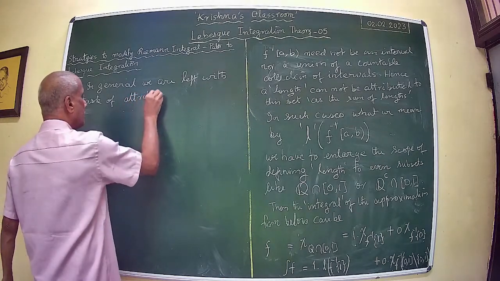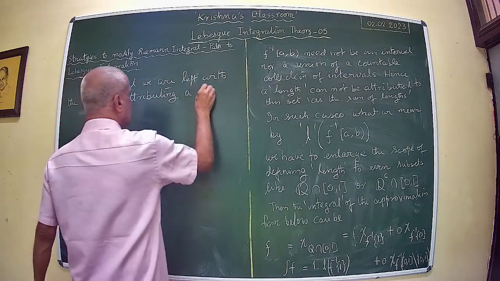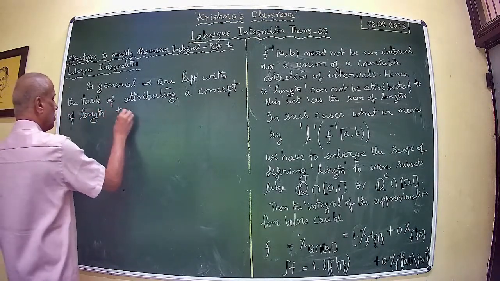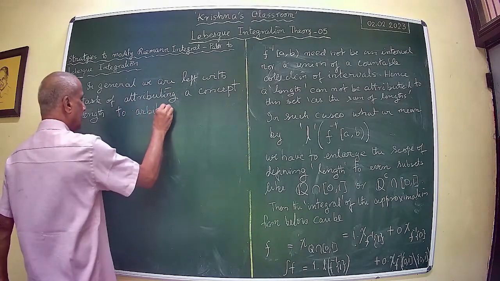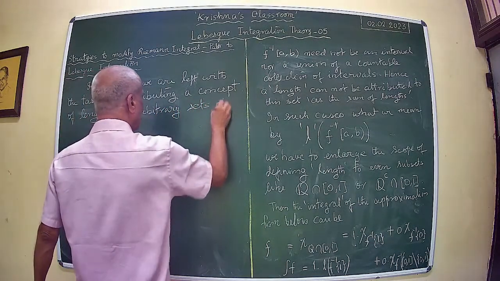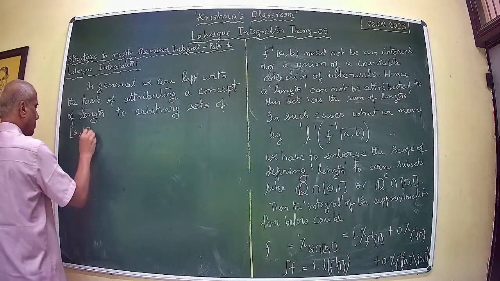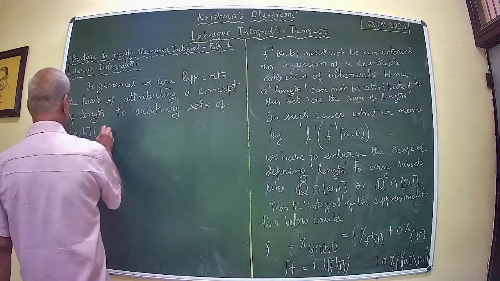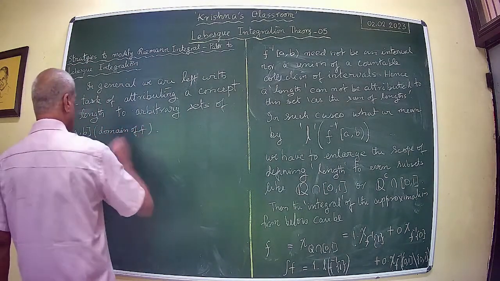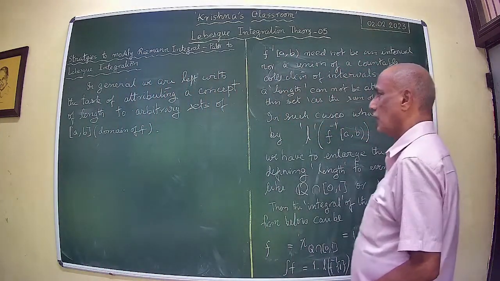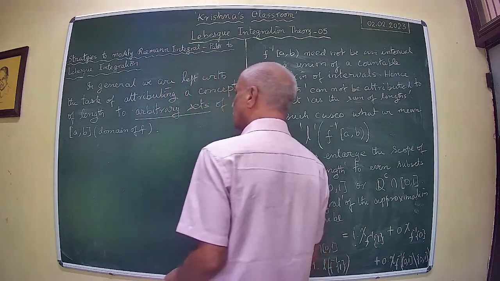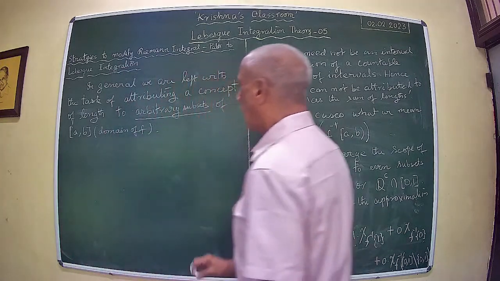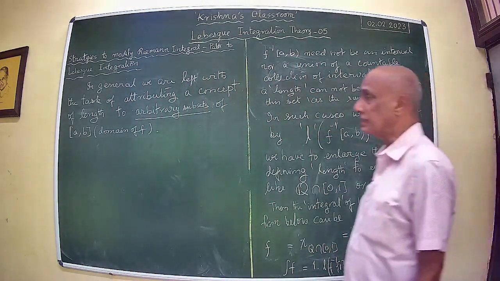Attributing the concept of length to arbitrary sets of the interval A or even R. That is, this is the domain of arbitrary sets, arbitrary subsets of the interval, where AB is the domain of the function.